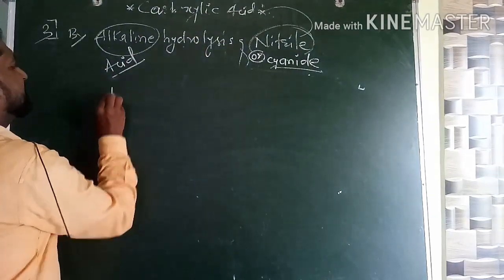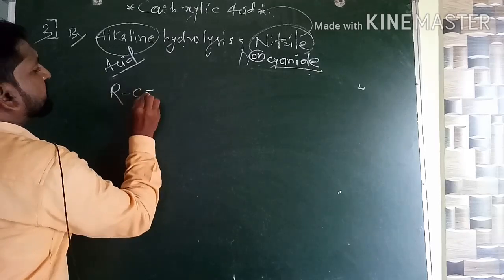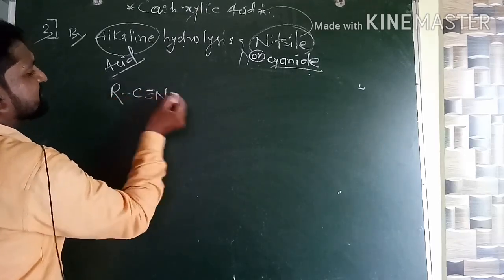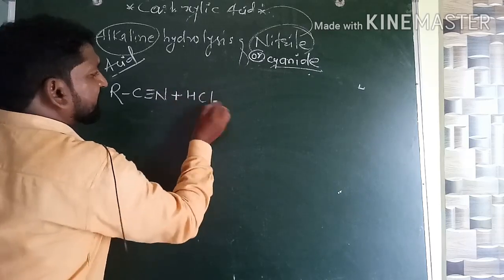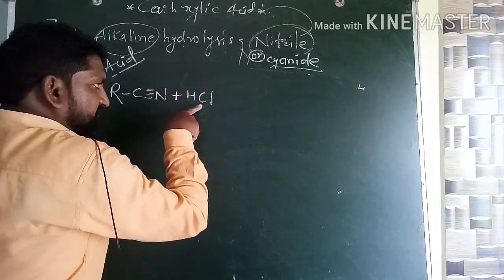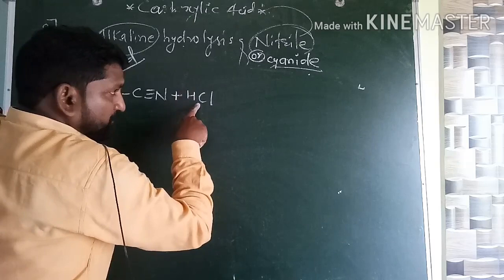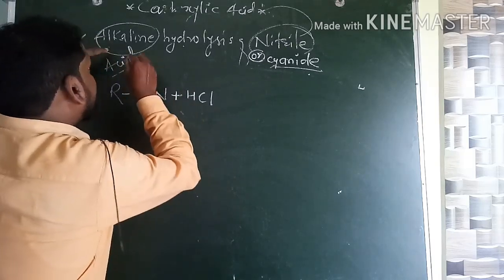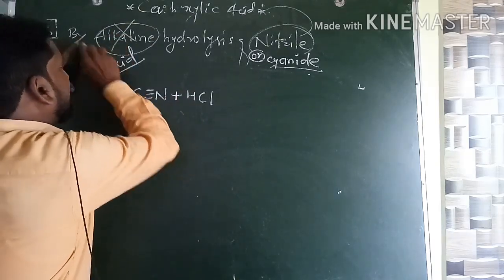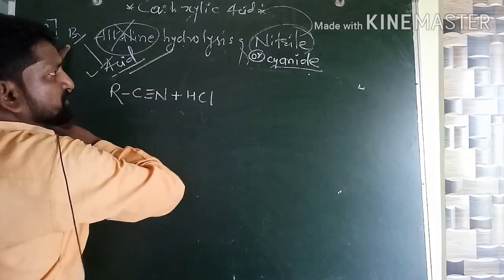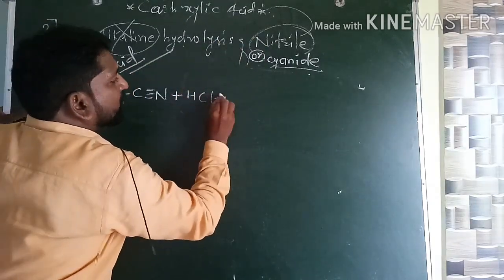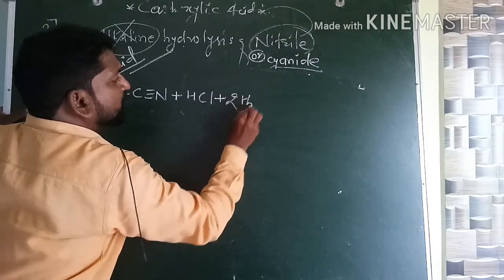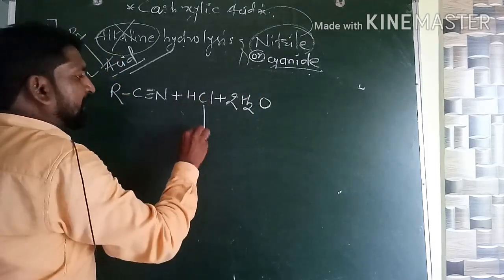Okay. So see here, RC triple bond N, alkyl cyanide, alkane nitrile, plus HCl. Now in the last reaction there was sodium hydroxide, which is alkali, but now we want acid hydrolysis of nitrile. Therefore we are taking HCl along with water molecules. Let us have two molecules of water. Okay, arrow.